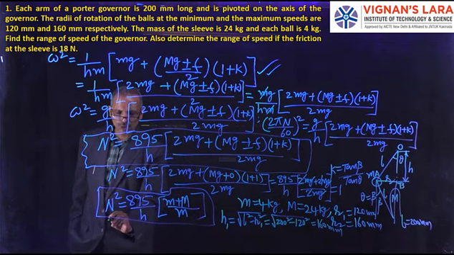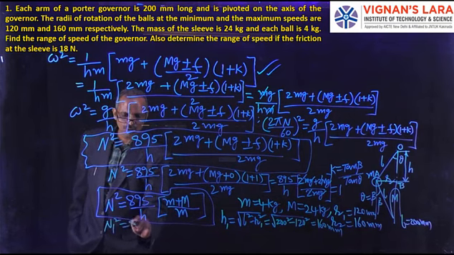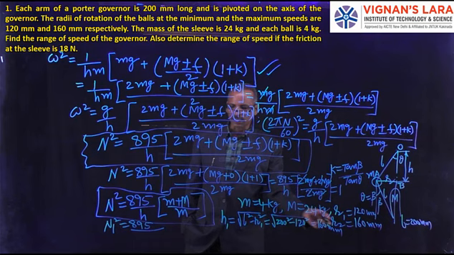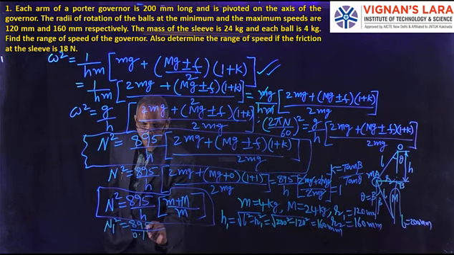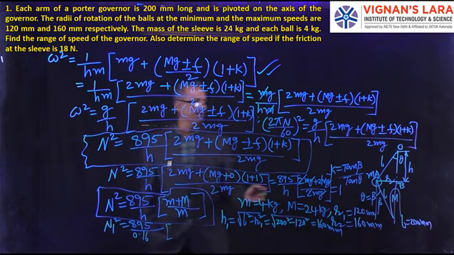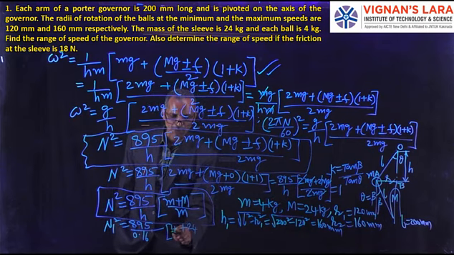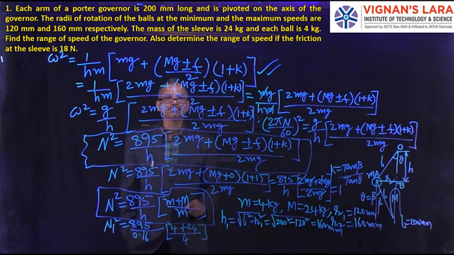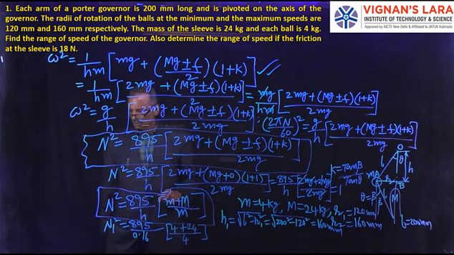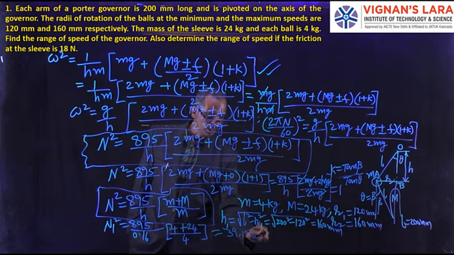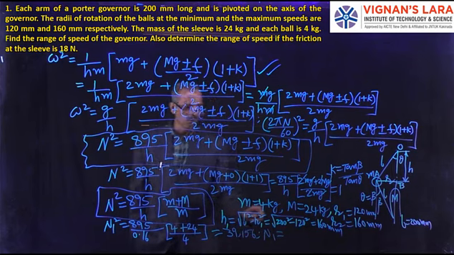Now I can substitute: N1 square is equal to 895, in place of H I will write H1 in meters, that is 0.16, into small m, which is 4, plus capital M, 24, by 4, isn't it? If you write this, N1 square will become 39,156, then N1 is equal to root over 39,156.